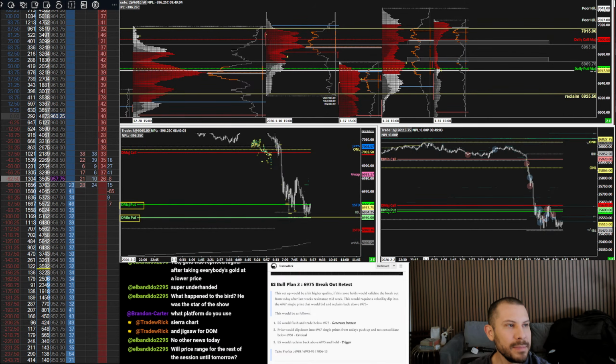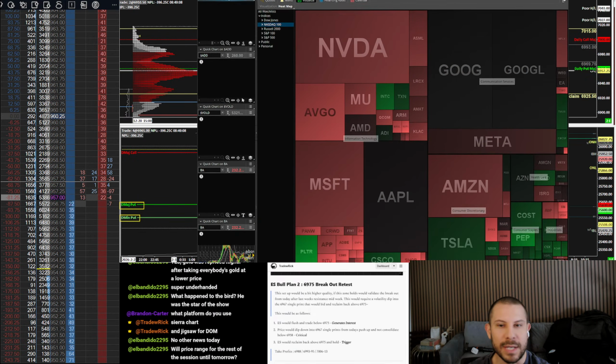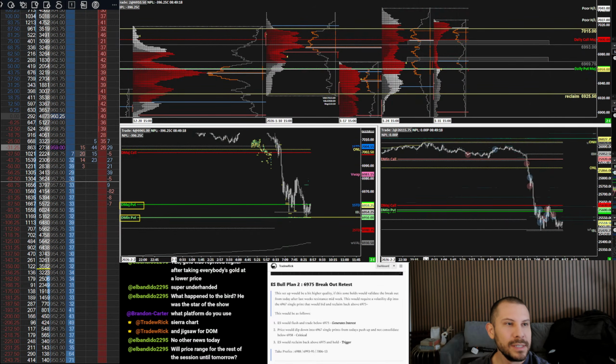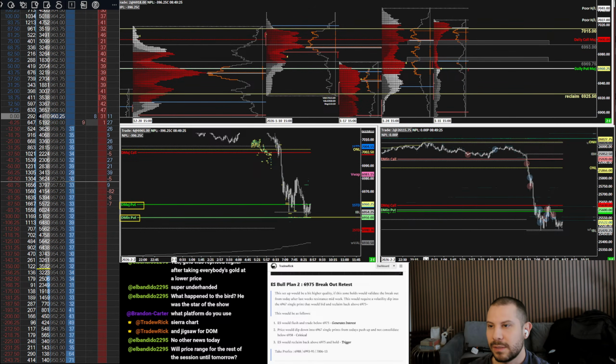I mean, the heat map cannot get more red than this. This is an absolute anomaly of a day on the heat map. You got massive pain all across the board here. This is not a normal day, right? So for the most part, as far as pain goes, intraday to move us any lower, I think we've reached somewhat the peak. So the floor, so to speak, is around this area.